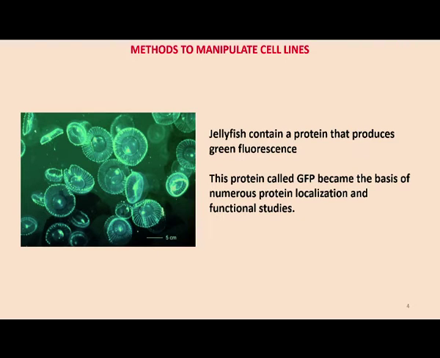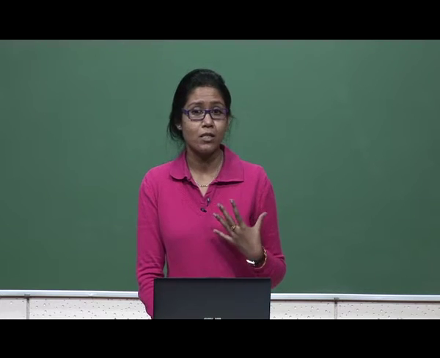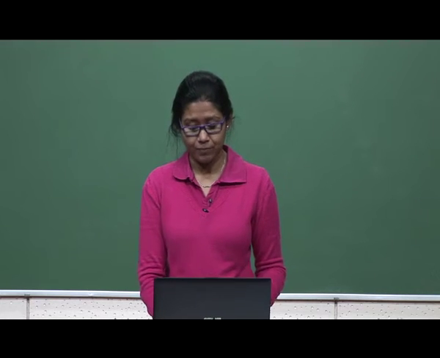Scientists isolated the protein that helped this jellyfish to glow and called it the green fluorescent protein. The green fluorescent protein has become a very important tool in biological sciences, which has helped us in characterizing localization studies of proteins of our interest.